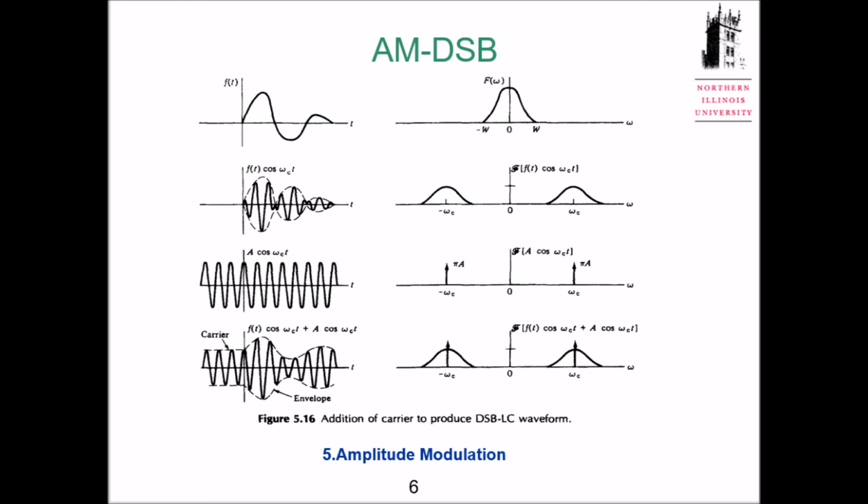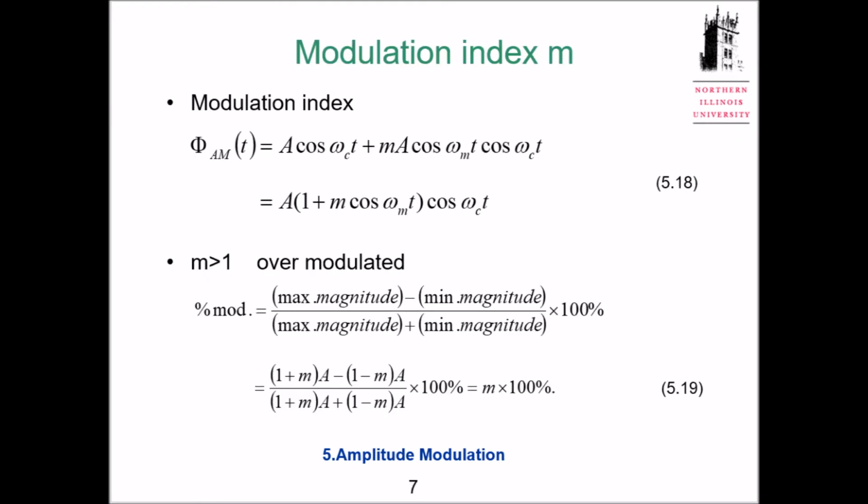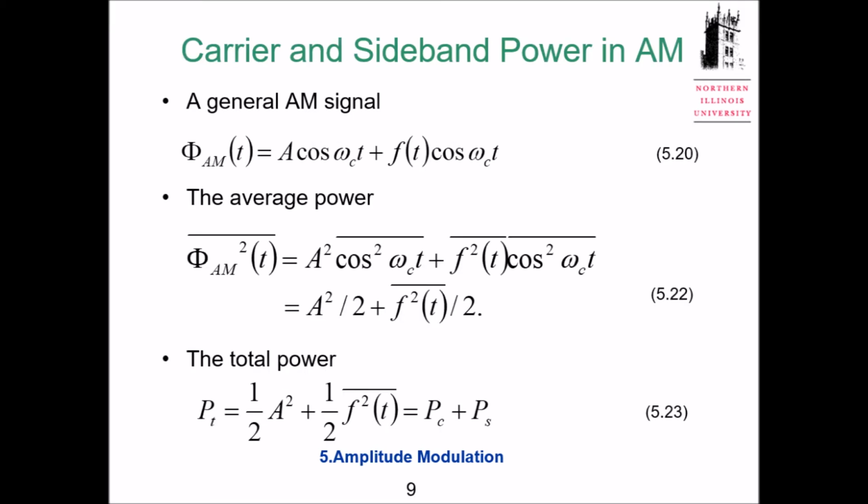So large carrier, those 2 impulses. Then we talk about a very important parameter, modulation index. We use lowercase m to tell how big your signal is compared with your carrier. Bigger m means your signal's portion is bigger. Smaller m, your information signal is smaller or lower.